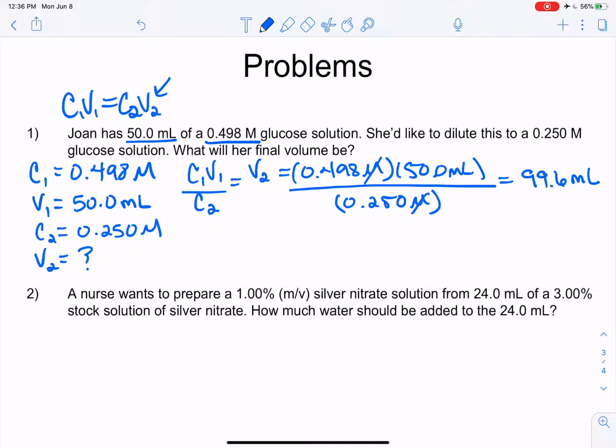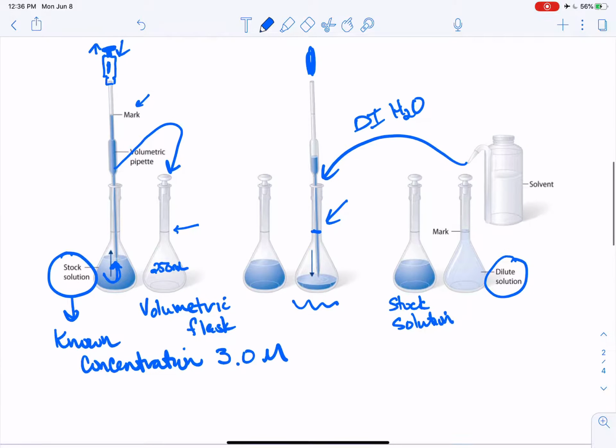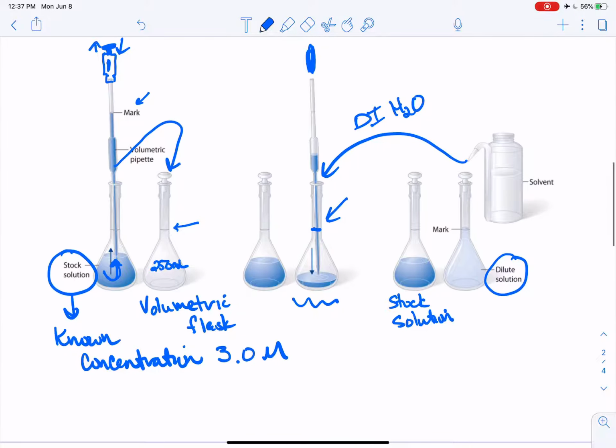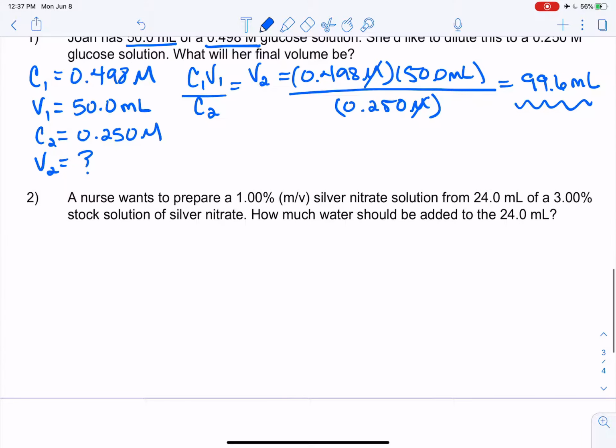And graduated cylinders aren't as accurate as volumetric flasks, but if you've got a volume like that, again, your volumetric flask, these guys right here, they're not going to have a mark at 99.6, so you don't have much of a choice.